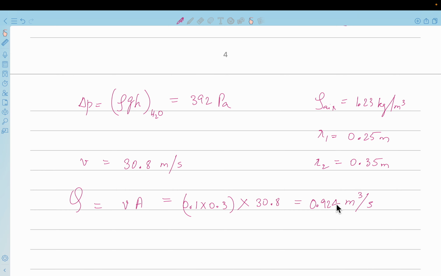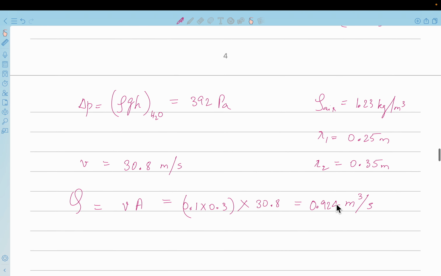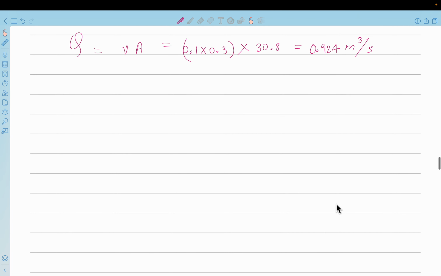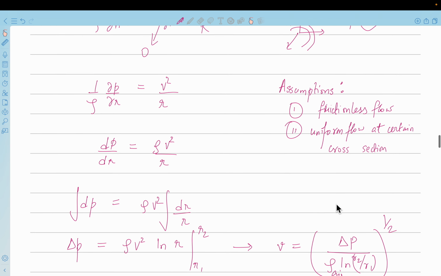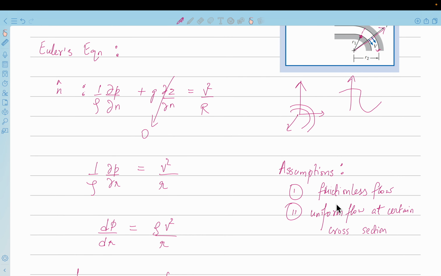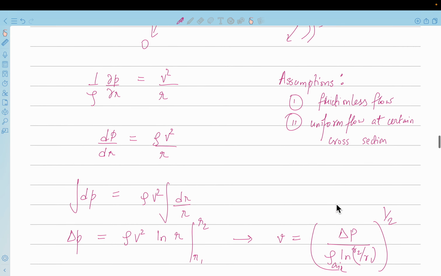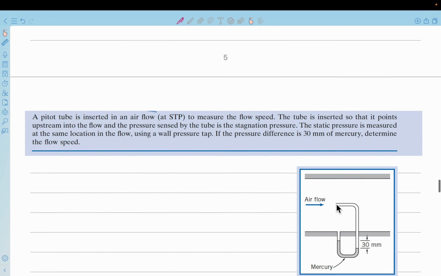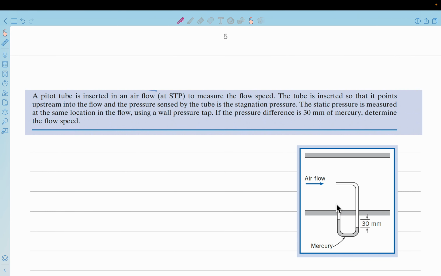Okay, I hope everybody got this answer. Any questions about how we wrote the equations? So let's move on to the next question.